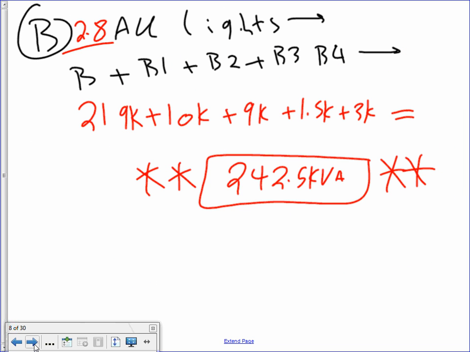So I added all the lights in one big step. Any questions? Now I have a lighting load and a receptacle load already done. Any comments, any questions, guys, before I move into C?